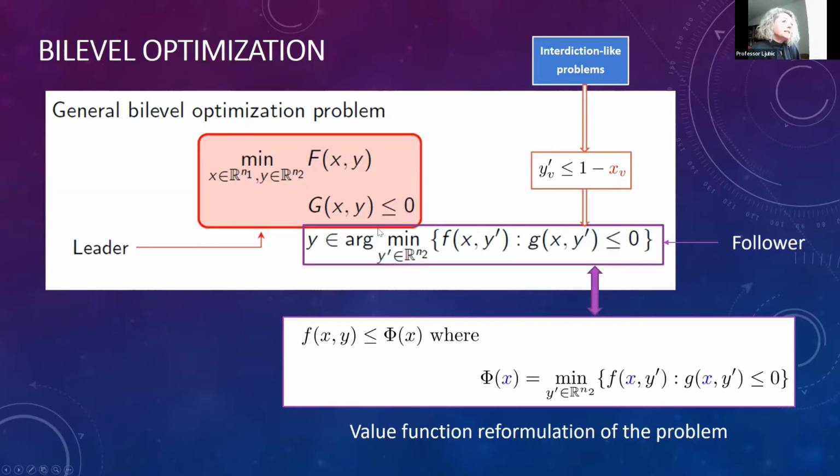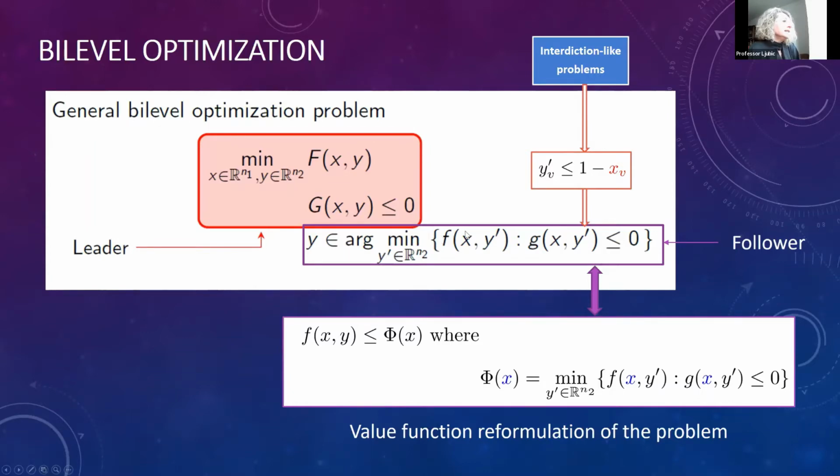In any case, there is a nice trick for reformulating these problems using what we call the value function reformulation of the bilevel optimization problem. What we see here is that we request Y to be the optimal solution for the objective function of the lower level problem.